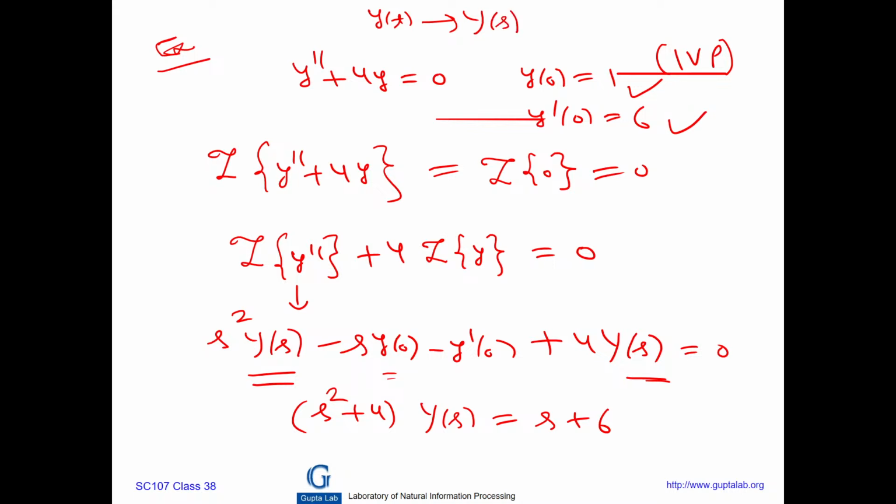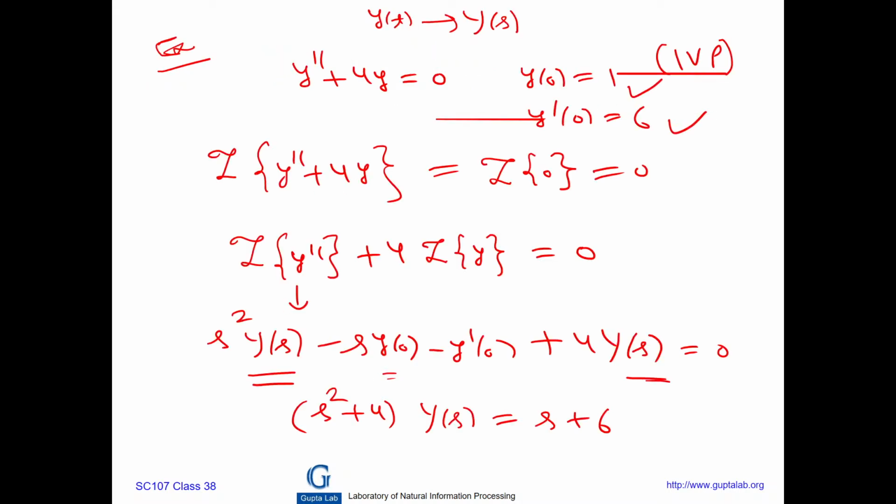The equation was given, I have taken the Laplace transformation, I got this. Now y of 0 and y dash of 0 I know, the condition is given. So I can solve for capital Y of s, which is s plus 6 divided by s square plus 4. Once we are able to find capital Y of s, I can do the inverse to get y of t. That is a bit straightforward, but let me show you how to do it.